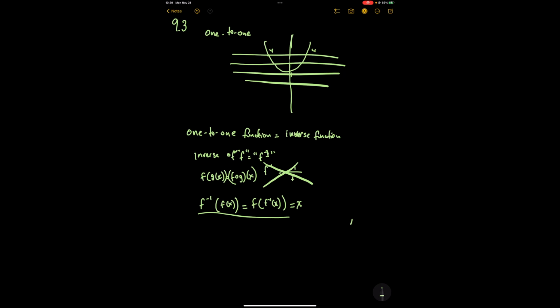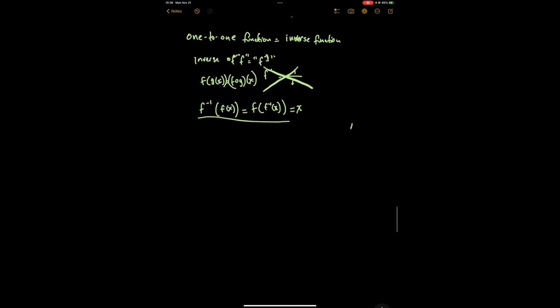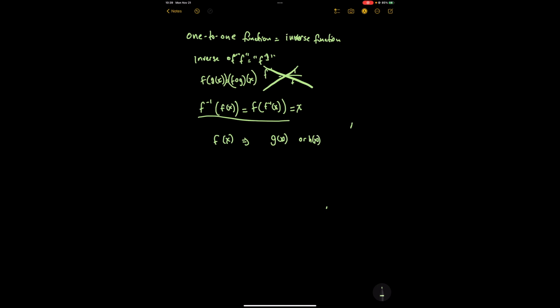So you have two ways. Now, what happens if you don't have only f? What if we have f of x and g of x? How do we know if these two are actually inverses of each other?